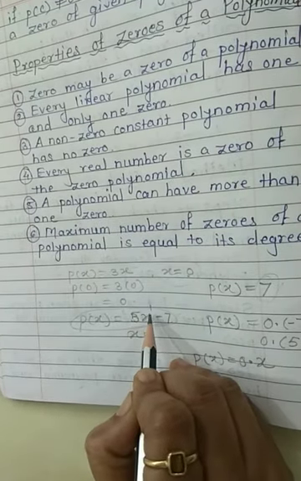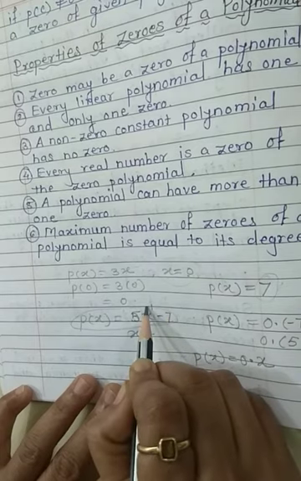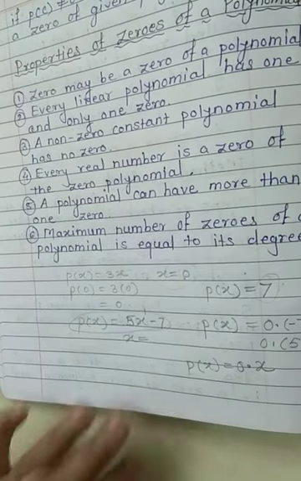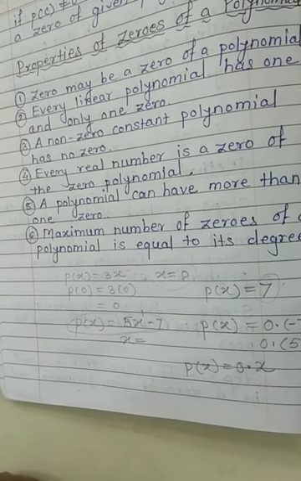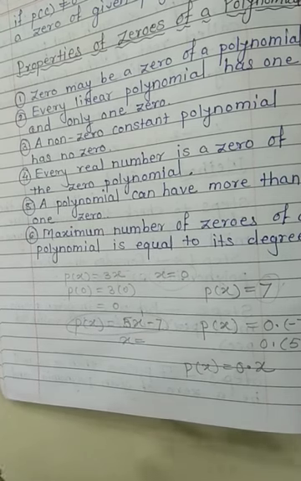Therefore, as the degree of the linear polynomial is 1, the linear polynomial has only one solution. Now tell me how many solutions a quadratic polynomial has. As the quadratic polynomial has degree 2, every quadratic polynomial has two solutions. That means two zeros there.